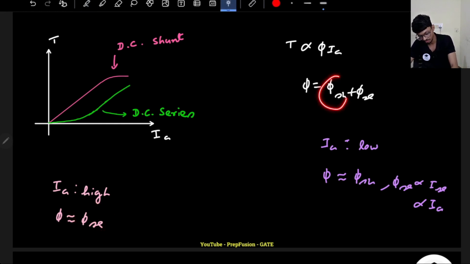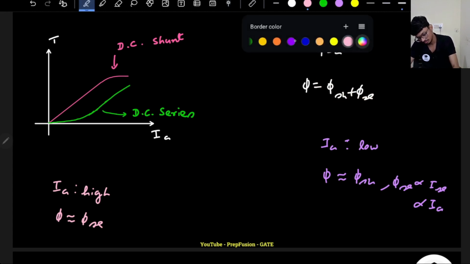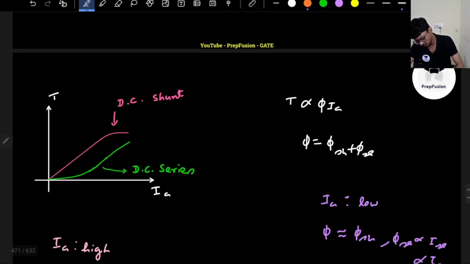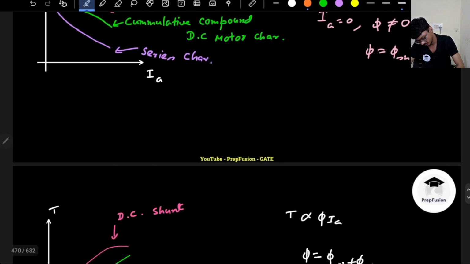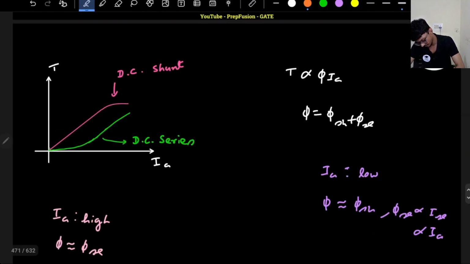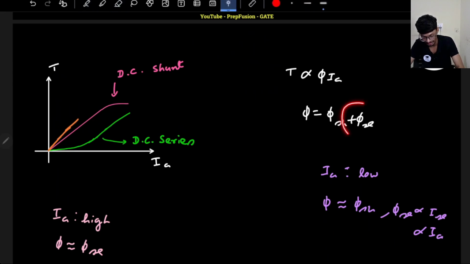And shunt flux is almost constant, because it does not vary with load current. So for lower values of load current, it will just follow the linear line about the shunt axis, but it will be slightly higher because the series field is also getting added now.